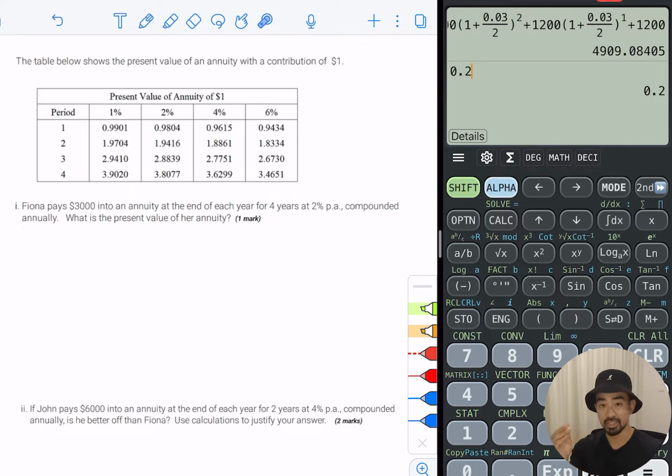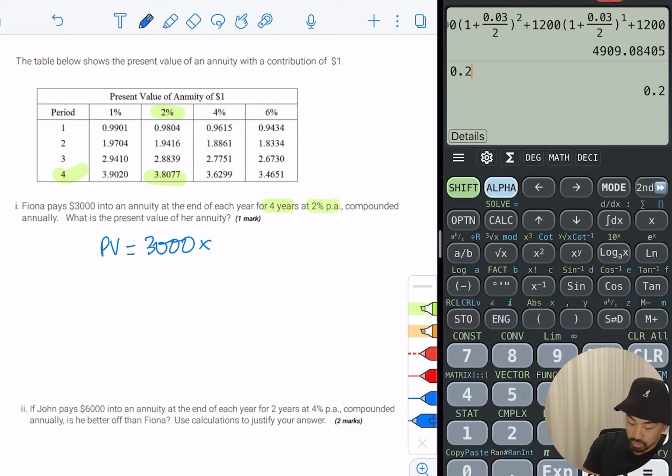So actually, there's nothing really to change. So 4 years is here, 2% is there, so our interest factor is 3.8077. So present value is going to be 3,000 times 3.8077.